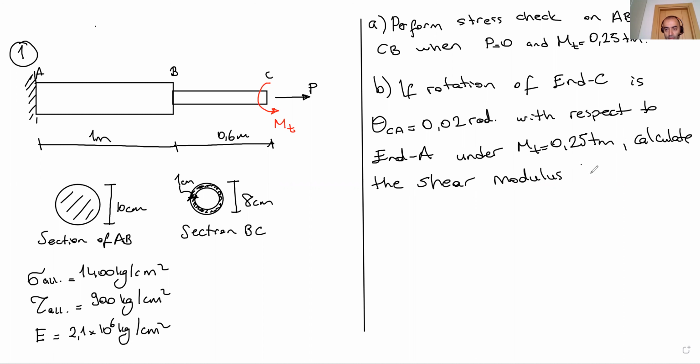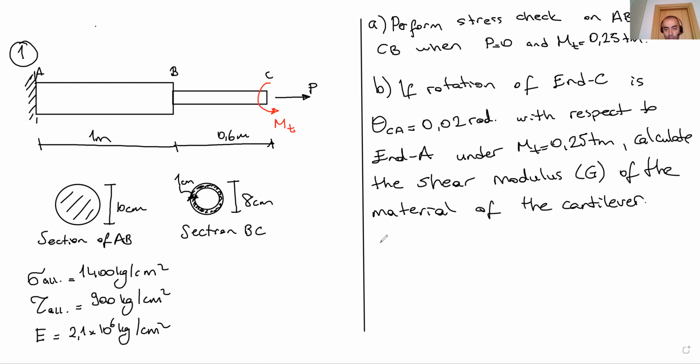Shear modulus is G, remember, of the material of the cantilever. This is the question B.